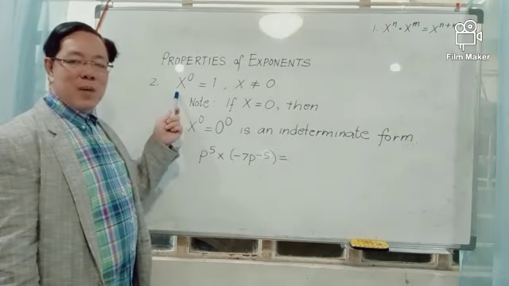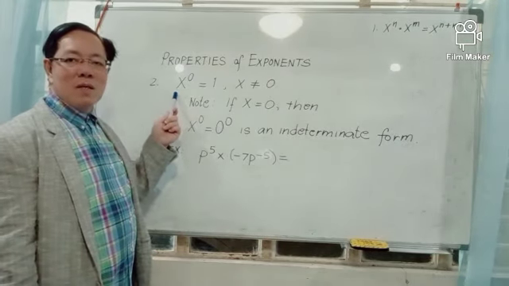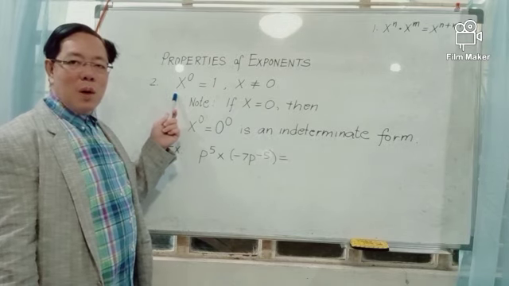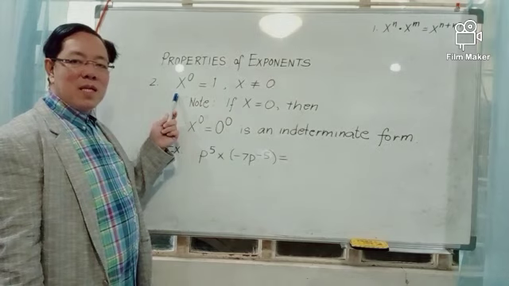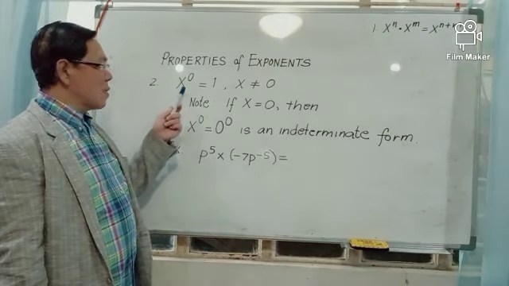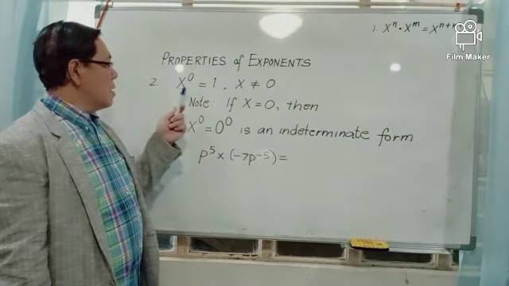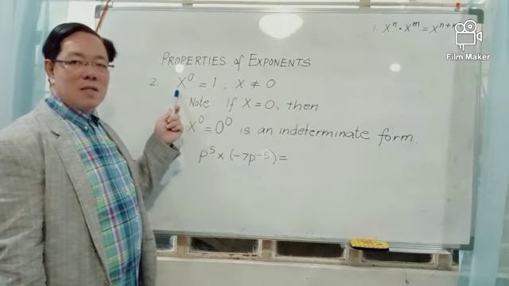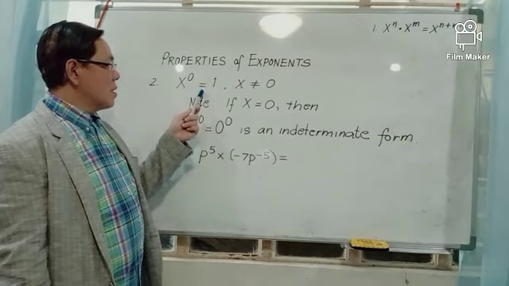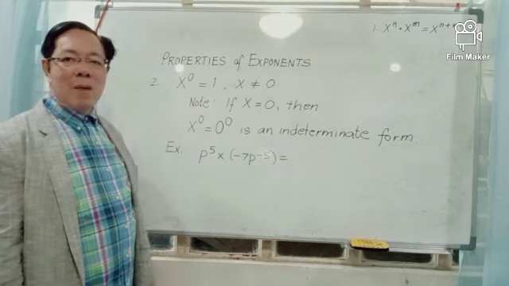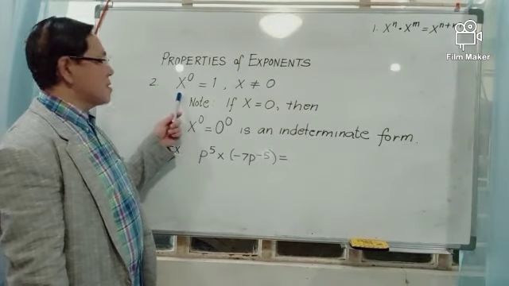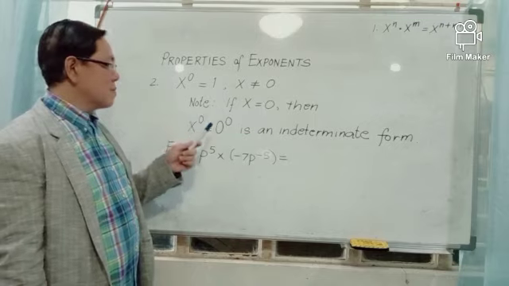Hence, this second property of exponent holds true only if the base is not 0. For any non-zero base x, x to the 0 is 1. Now what happens if the base x is equal to 0?